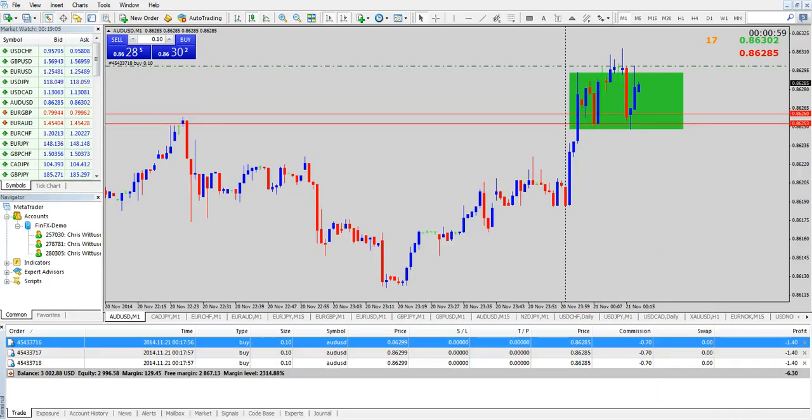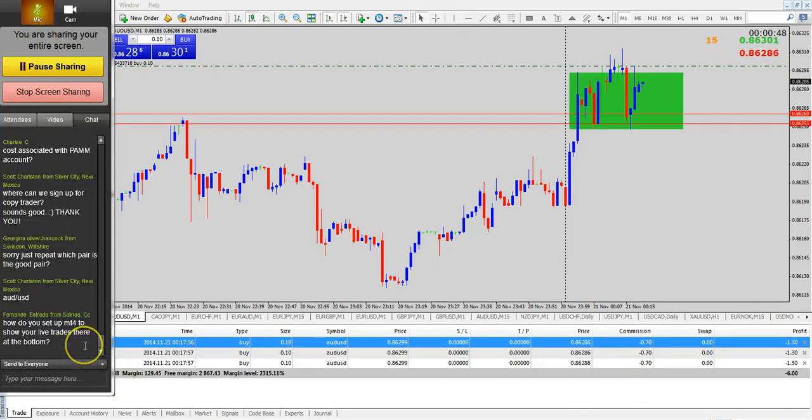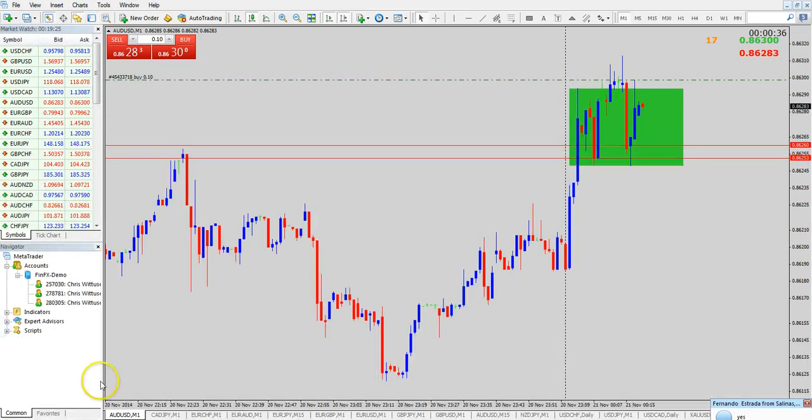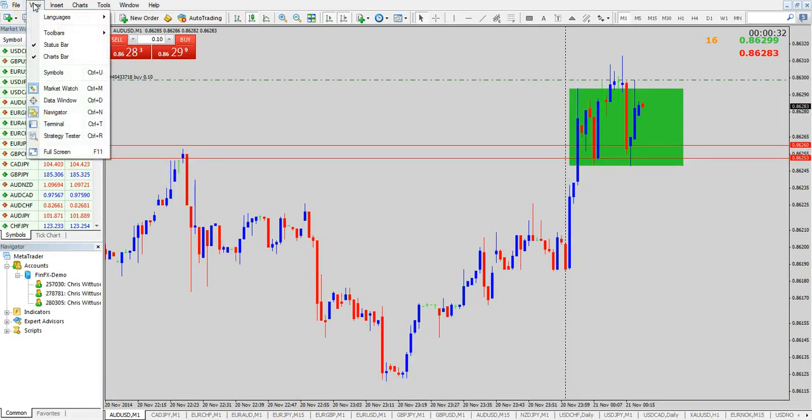As we get closer to 8 o'clock here, it's going to start getting fun. But how do you set up MT4 to show you live trades there at the bottom? You see trades here, you see the bottom. It says trades. If you don't see it, if you see this, you have nothing. Go into view. And let's see, where is that? Navigator, terminal.